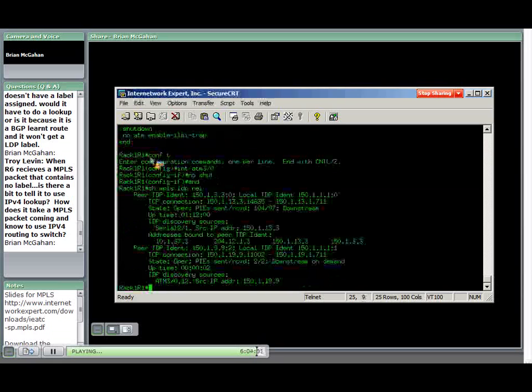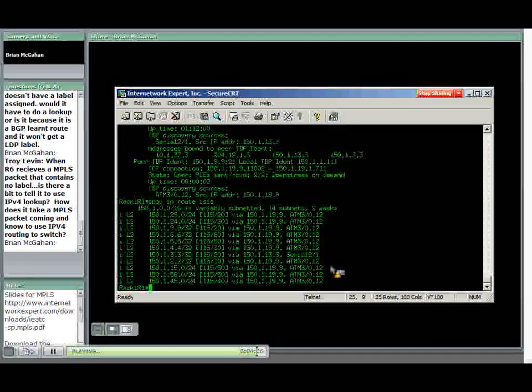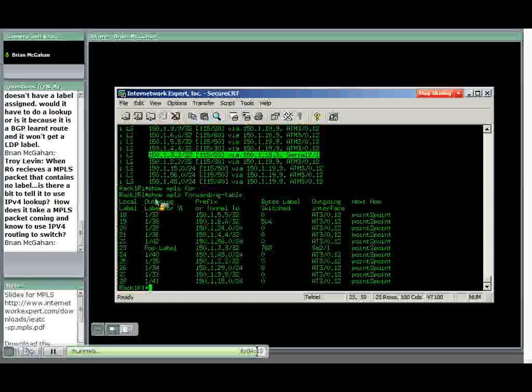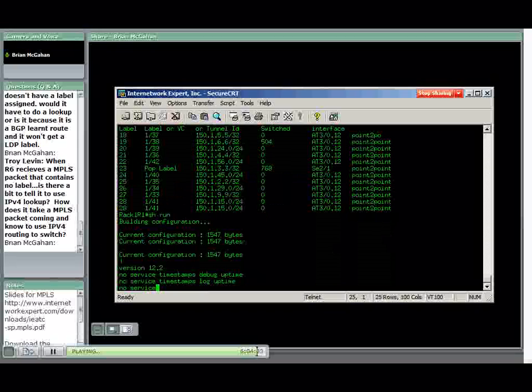If we look at the show MPLS LDP interface output, or show MPLS interface, I may not have enabled it. Show MPLS LDP neighbor. The output is a little bit different on the 7200. So we can see that on the ATM interface, we are adjacent with the LS1010.